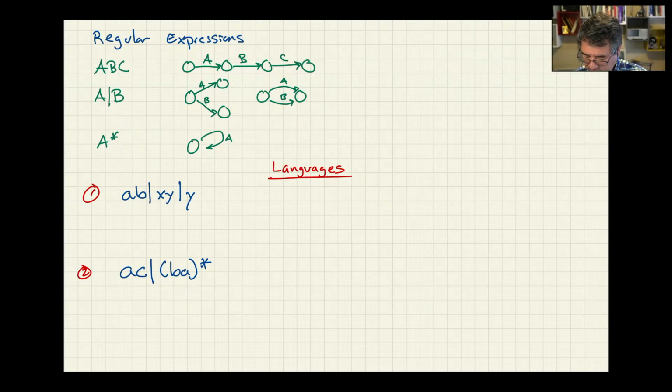So let's start with number 1. What are the strings that this one accepts? You can either type them in the chat, or you can say them.